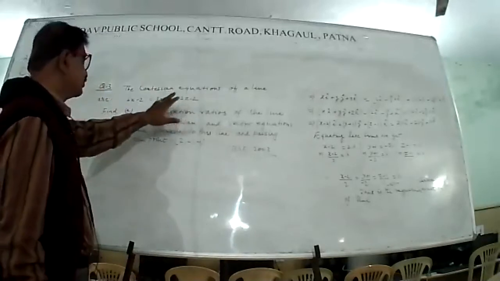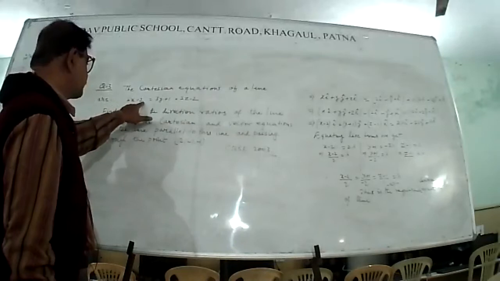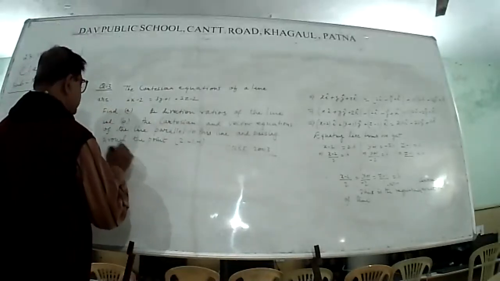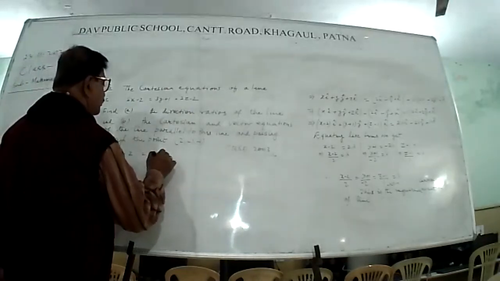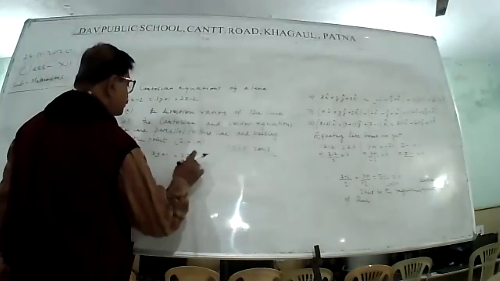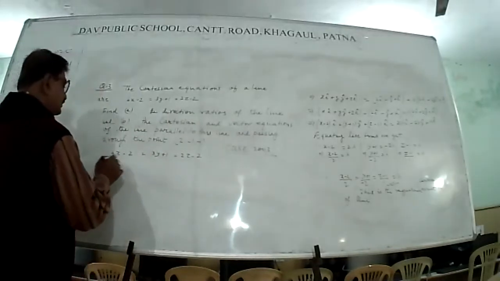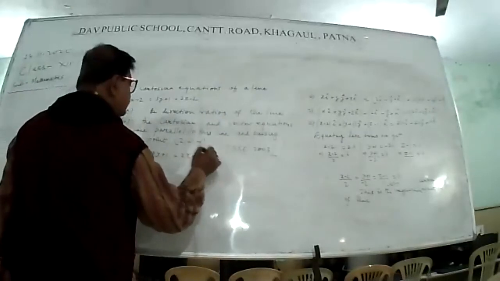The Cartesian equations of a line are given: 6x minus 2 is equal to 3y plus 1 is equal to 2z minus 2, which is equal to lambda.